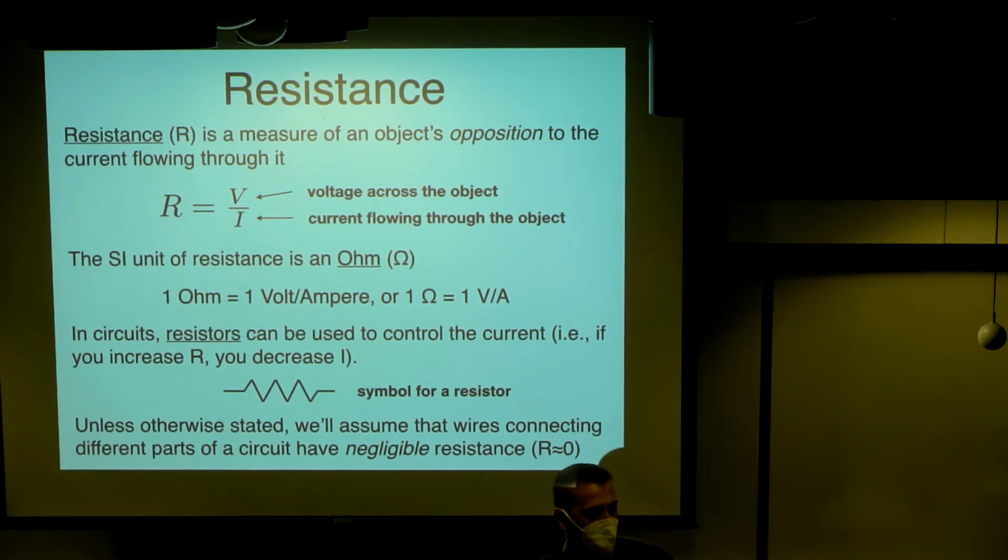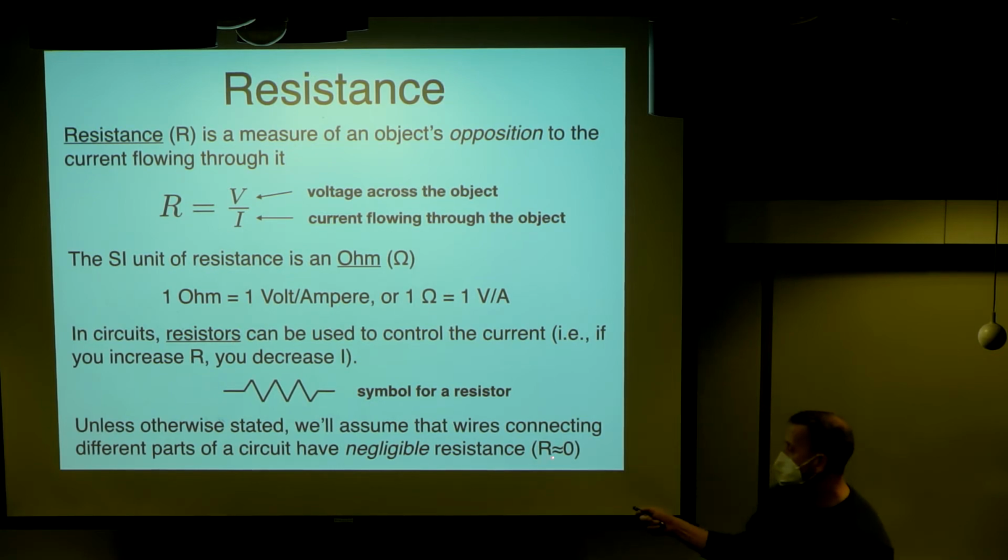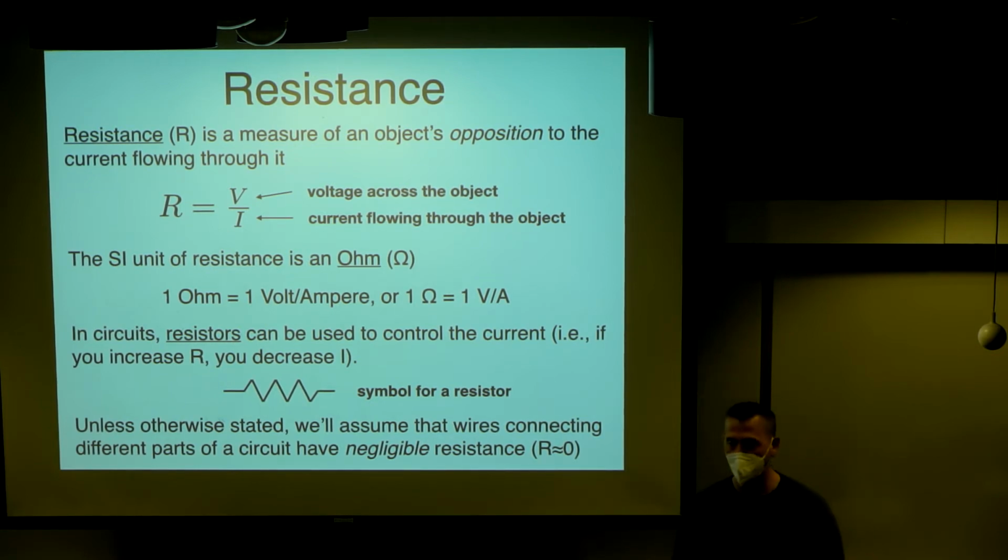Oftentimes, we'll be looking at circuits where you have different objects connected by wires. So unless we state otherwise, we're going to assume that any wires that connect different parts of a circuit have negligible resistance. So we can treat it as if R is equal to 0 unless stated otherwise for the wires that connect different things.